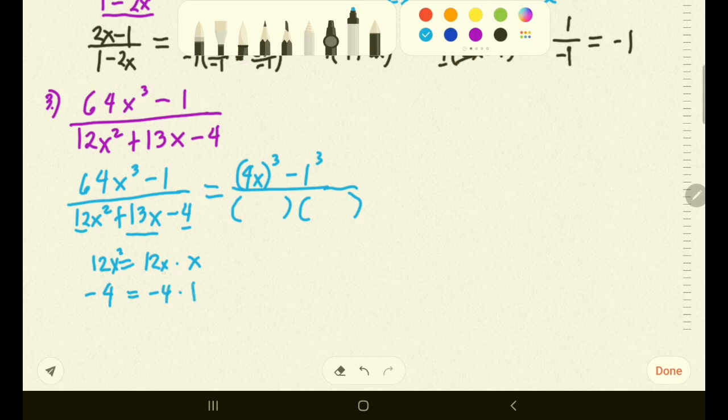If you combine that, 12x times 1 is 12x. Negative 4 times x is negative 4x. If you add them, that would be 8x. So you cannot get 13x. How about the other combinations?